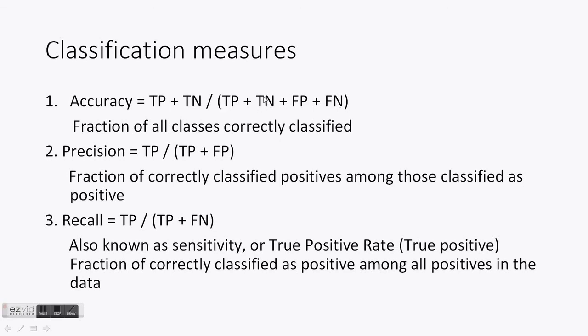So if you take the correct classifications, true positives plus true negatives, against the total number of measurements, that is called accuracy, the fraction of all classes correctly classified. Then we have something called precision.